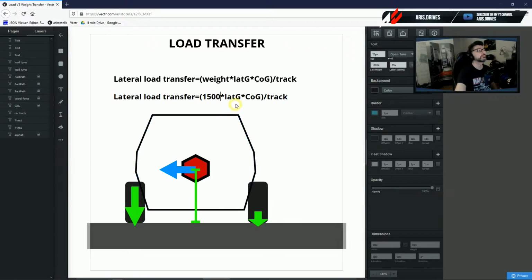Lateral G, those cars laterally arrive at around, let's say, sustained lateral G of 1.5 G. Center of gravity, we said, is around 400 millimeters. And the track is the distance from the center of one tire to the center of the other, which is usually 1,600 millimeters. So this is our situation.